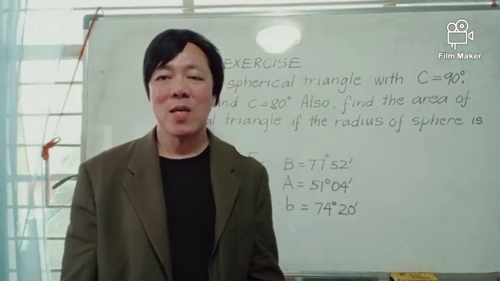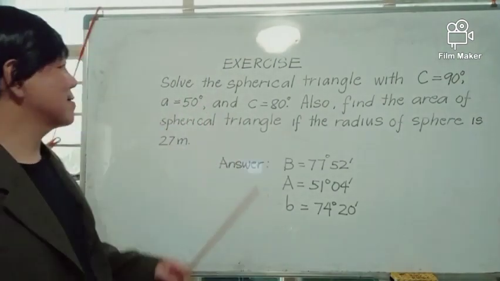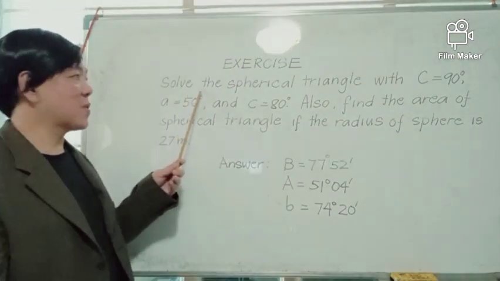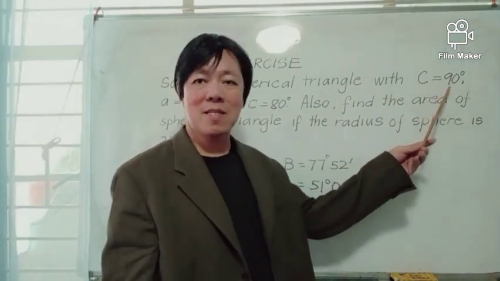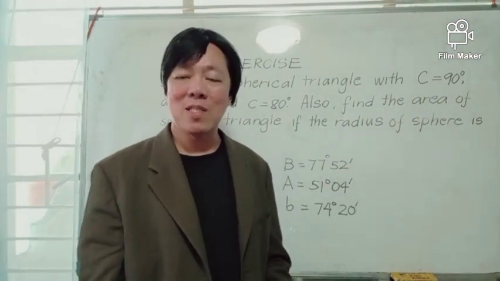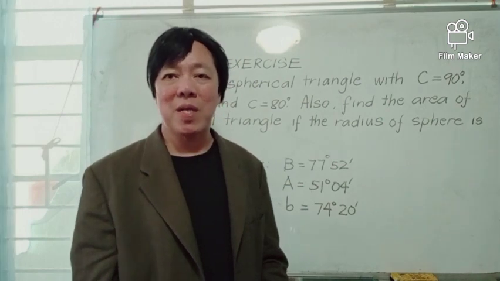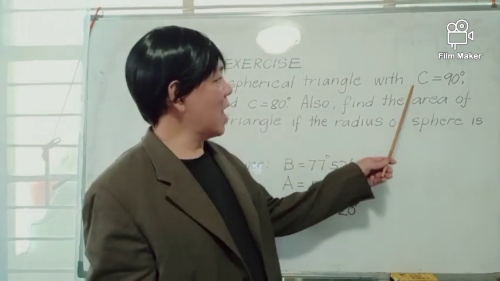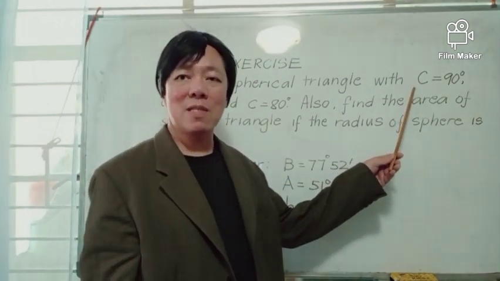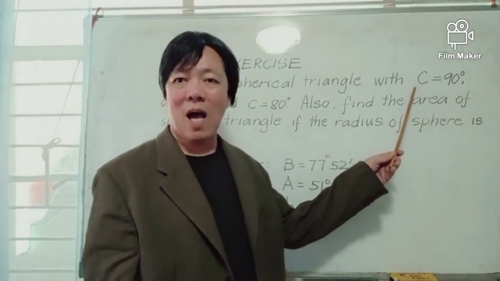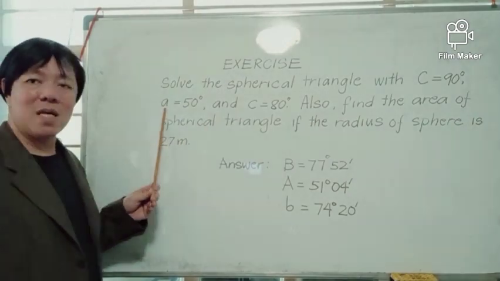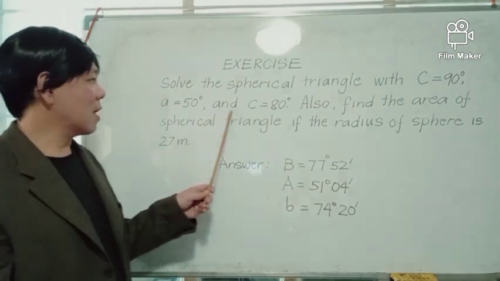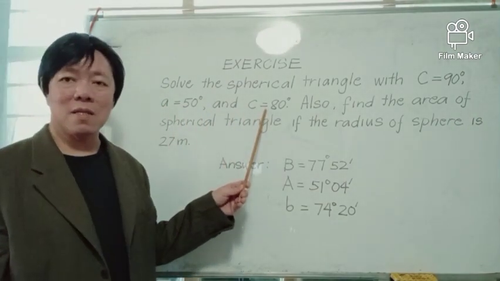For practice, please try the following exercise. Solve the spherical triangle with capital C equals 90 degrees. Thus, the given spherical triangle is a right spherical triangle with the right angle at vertex C. That is, angle C equals 90 degrees. Small a is 50 degrees and small c is 80 degrees.